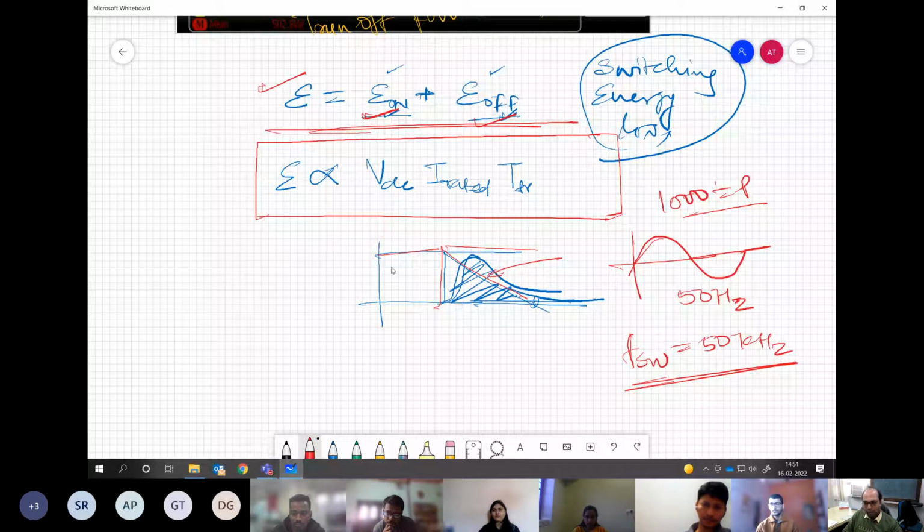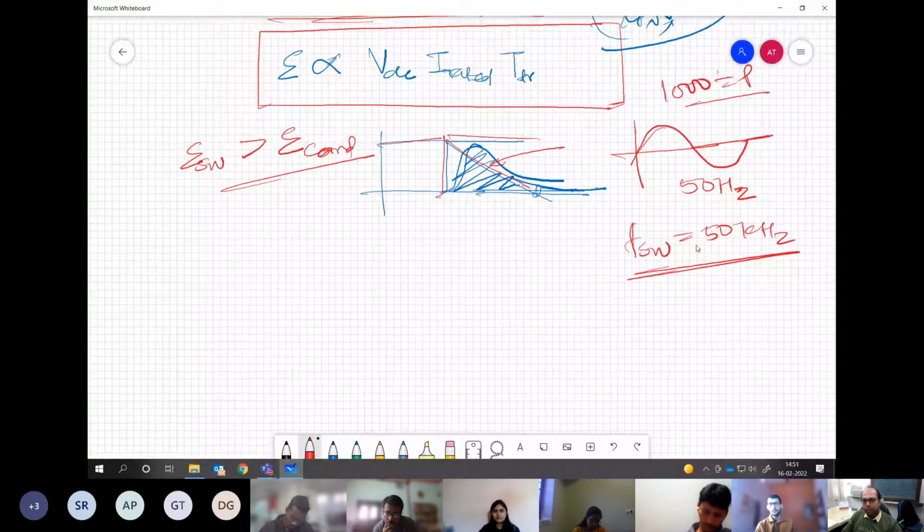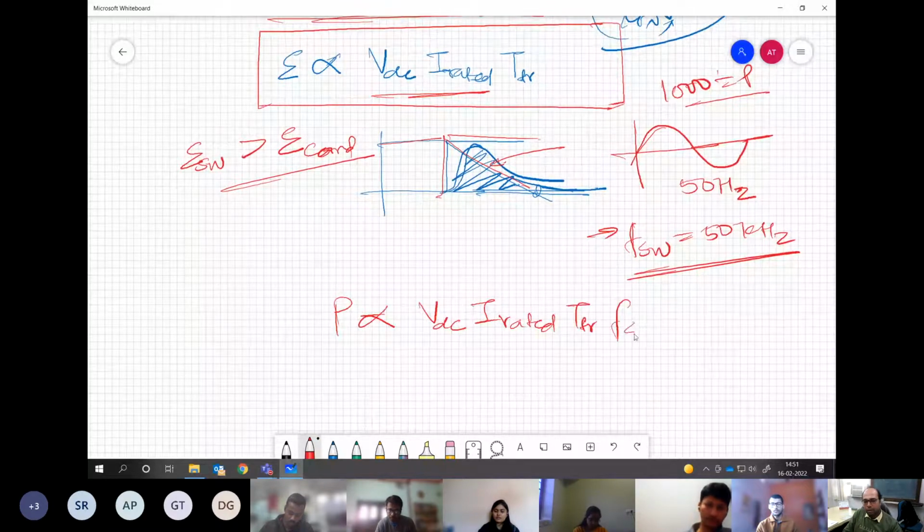Particularly for high power devices, we do see that the switching energy loss is higher compared to the conduction loss. Or let me change it to power. If you multiply the switching frequency FSW with this term, it results in a quantity related to the power loss in the device.